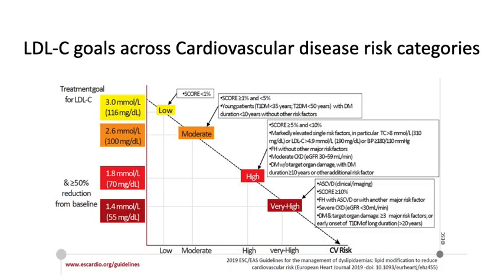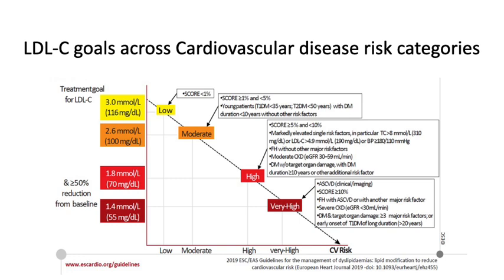The next slide shows the LDL goals across cardiovascular risk categories. Low-risk patients should target an LDL level of 116 and below. Moderate-risk patients should target an LDL of 100. This includes patients who are diabetic.